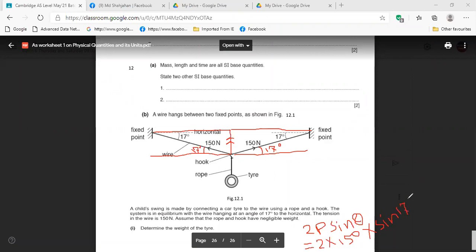So here we go. We have the answer 87.7. I'm writing it here, and the answer is in Newton, right? It's in Newton because 150 Newton and another 150 Newton are making Newton. So we are done with 12.